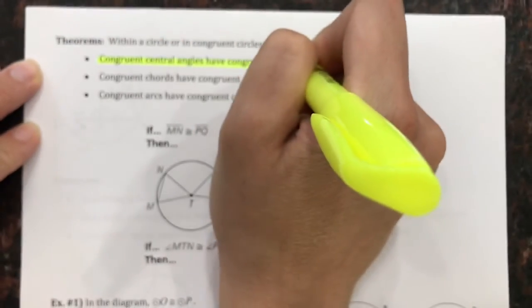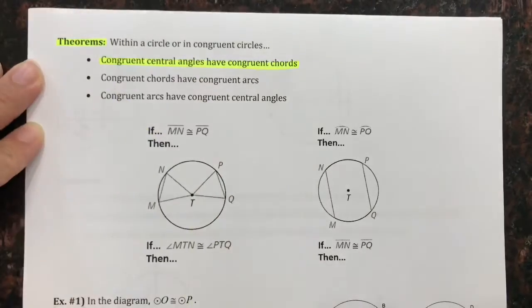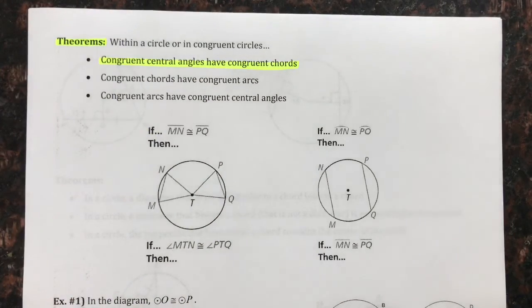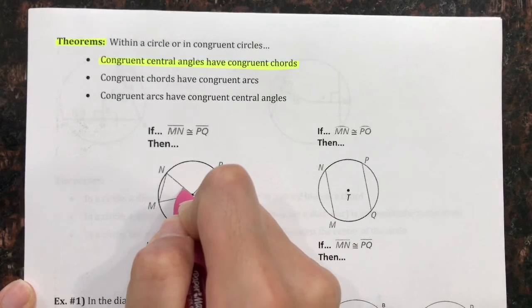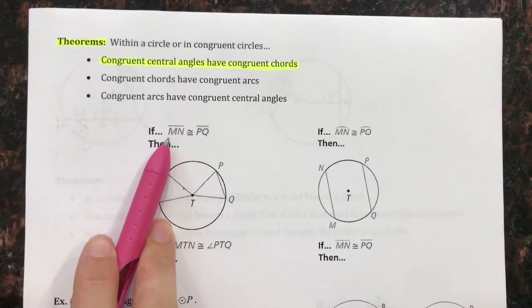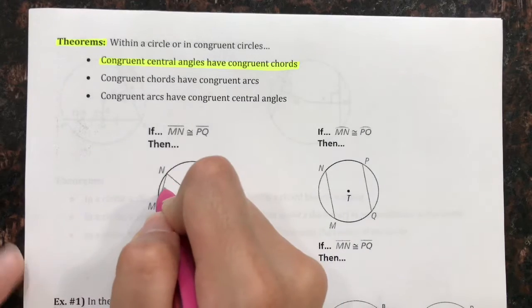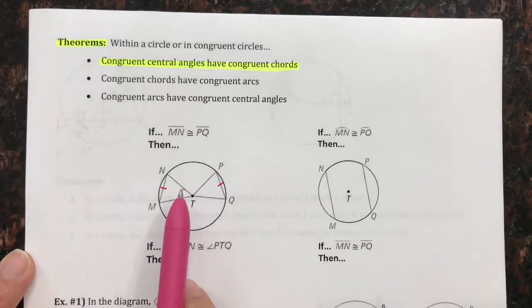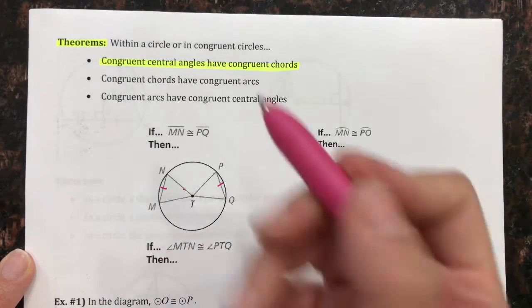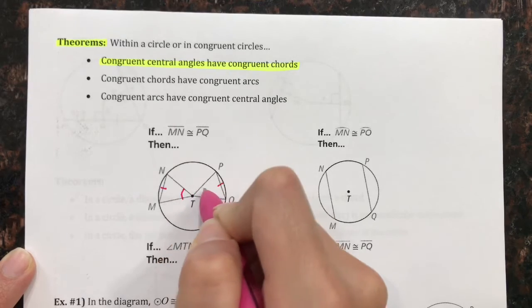So I'm going to show you guys in this first diagram, actually let's look at the wording on here. If MN, so if we have congruent chords, then our central angles are going to be congruent as well.